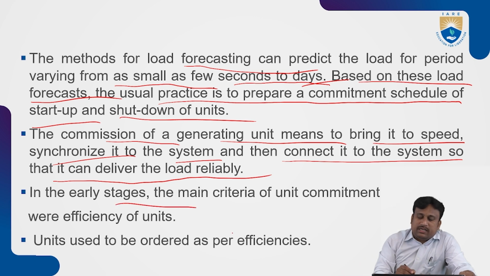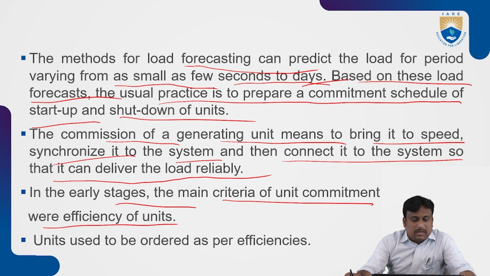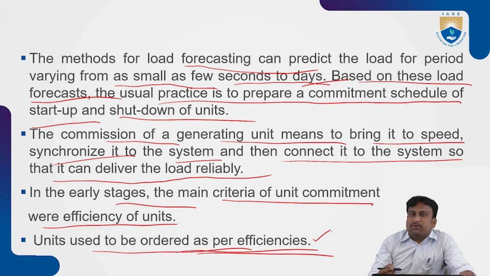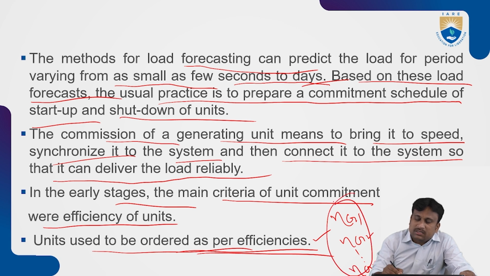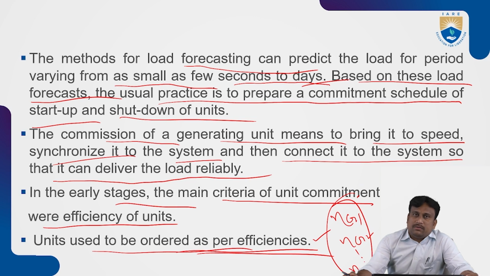In the early stages, the main criterion of unit commitment was the efficiency of the units. That means units used to be ordered as per their respective efficiencies. Based on the efficiency of generator 1, generator 2, and so on up to n generators, their efficiencies are determined.